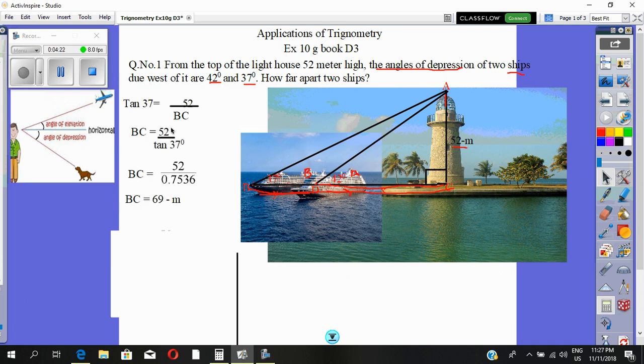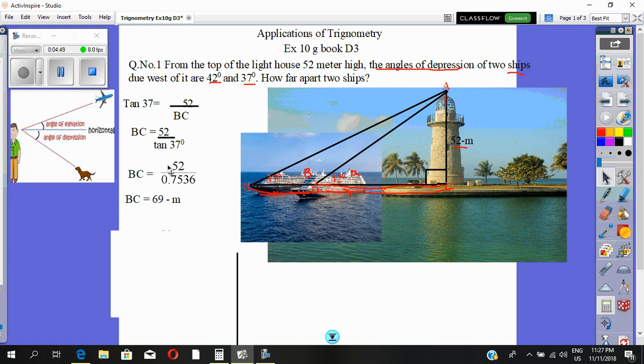Okay, for the total we have tan 37, where the opposite is 52 and the adjacent is BC. Similarly, tan 37 equals 52 over BC, so BC equals 52 over tan 37 degrees.